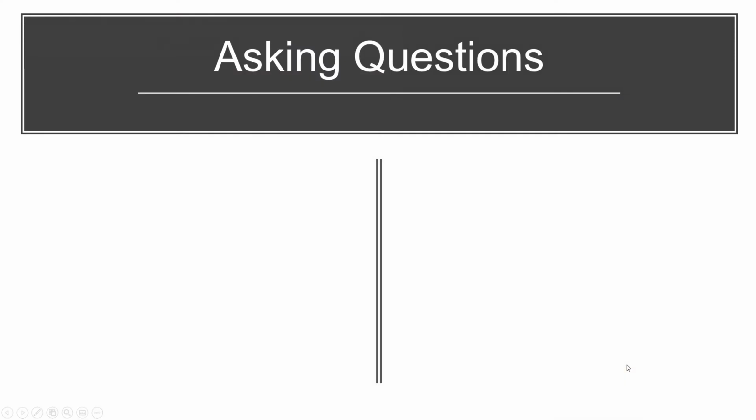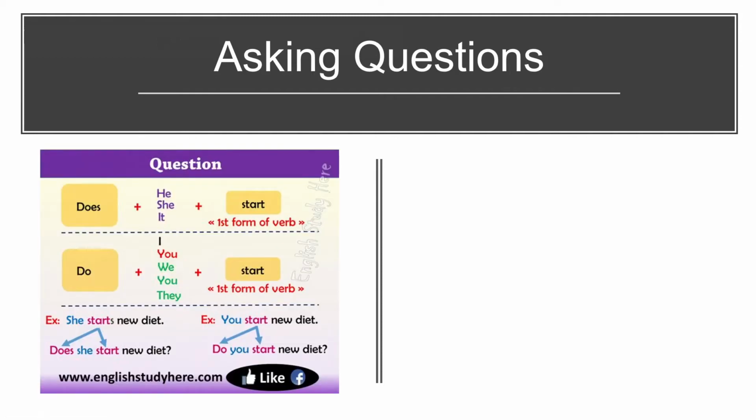Next, how to ask question. When we want to ask question, it goes like this: the do word, the subject, and the verb. So does he start? Do you start? Like that. So example here, she starts new diet. Ada statement, ada ayat penyata. So the question that we can form from here is, does she start new diet?